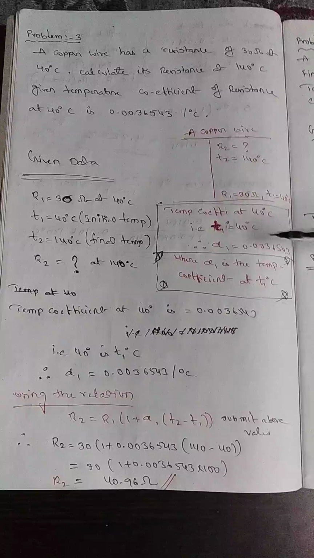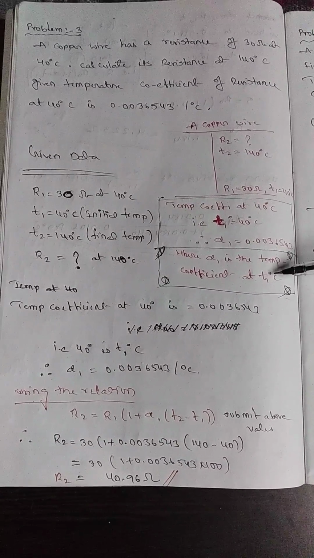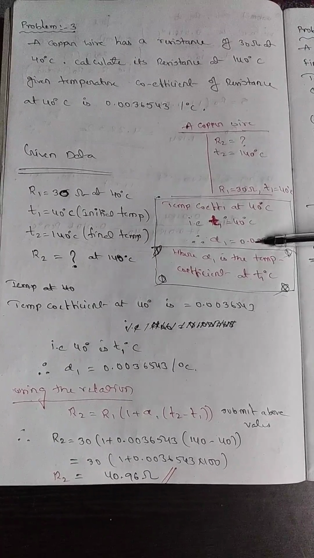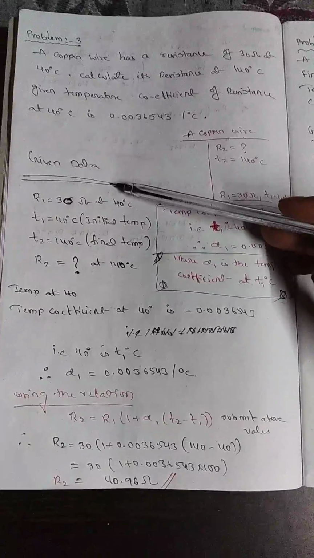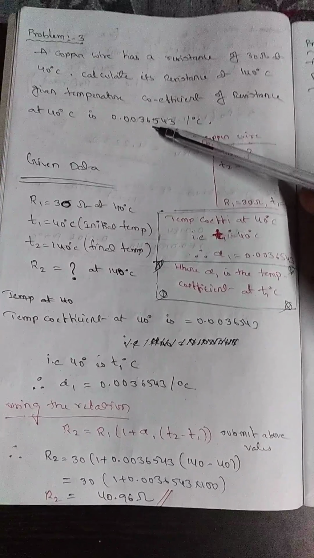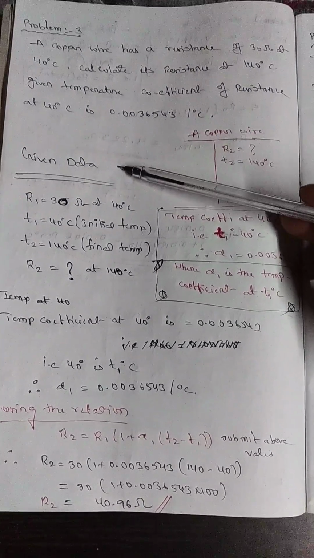Alpha 1 is the temperature coefficient at T1 degree centigrade, and this is given in the question. After understanding the question, we can write down the given data.